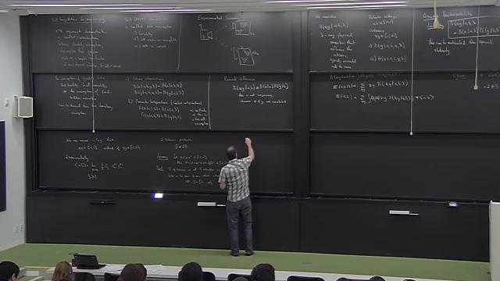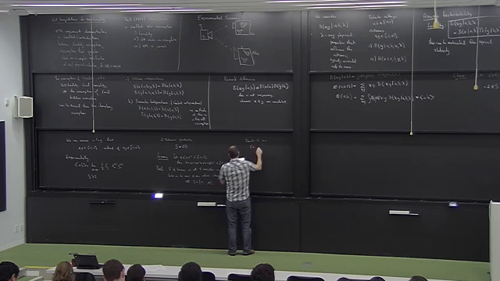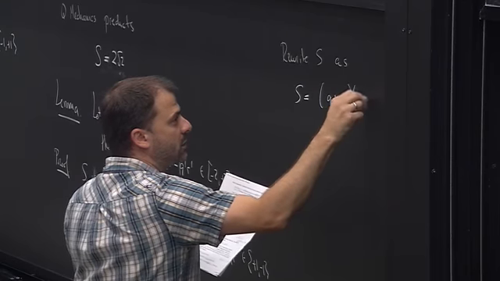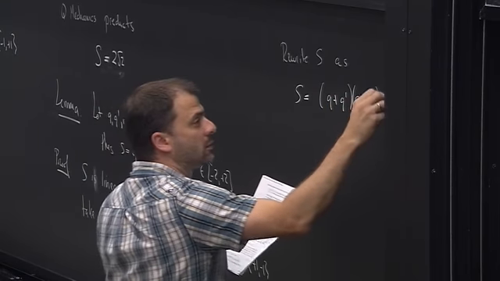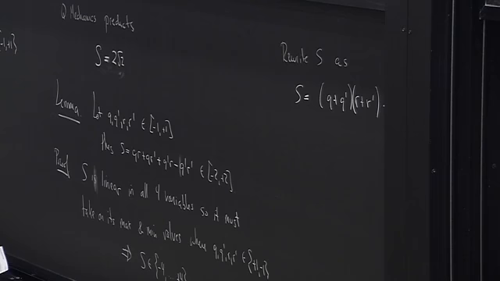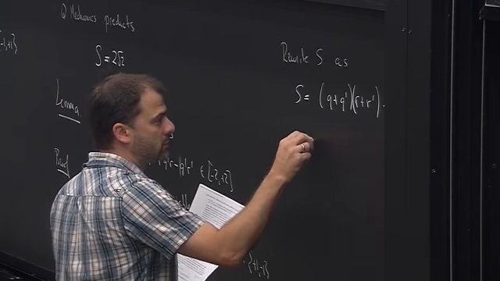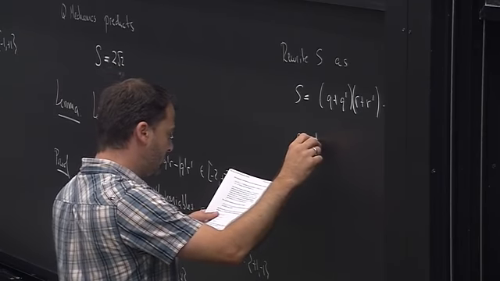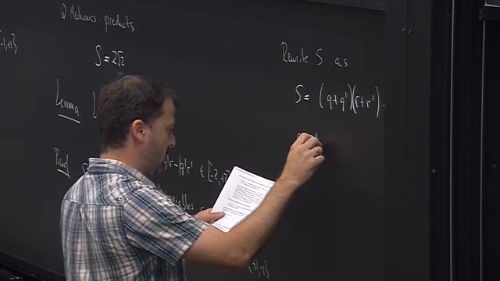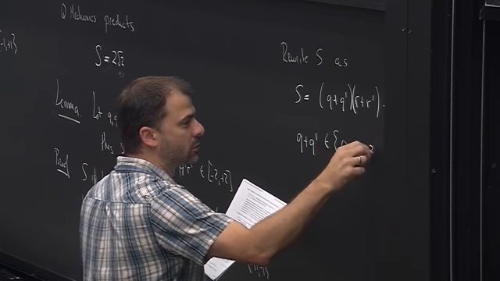But we can rewrite S as Q plus Q prime times R plus R prime minus 2Q prime R prime. But here, Q plus Q prime can only be 0, -2, or +2.